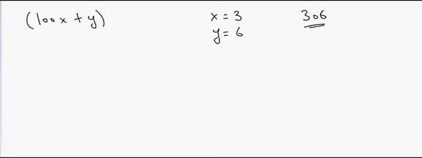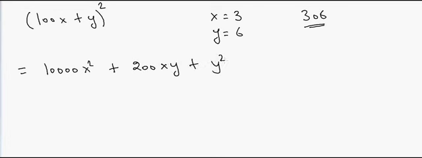Now if I need to square this number, it will be equal to 10,000x square plus 200xy plus y square. You can see that we have 4 zeros for x square, 2 zeros for 2xy, and no zeros for y square.